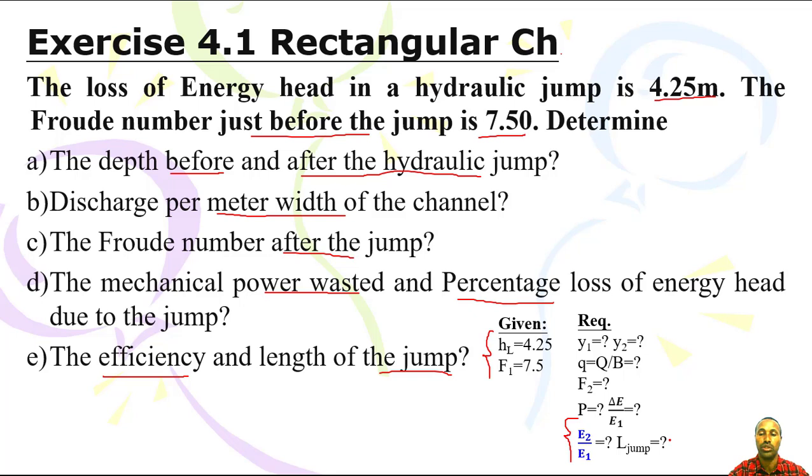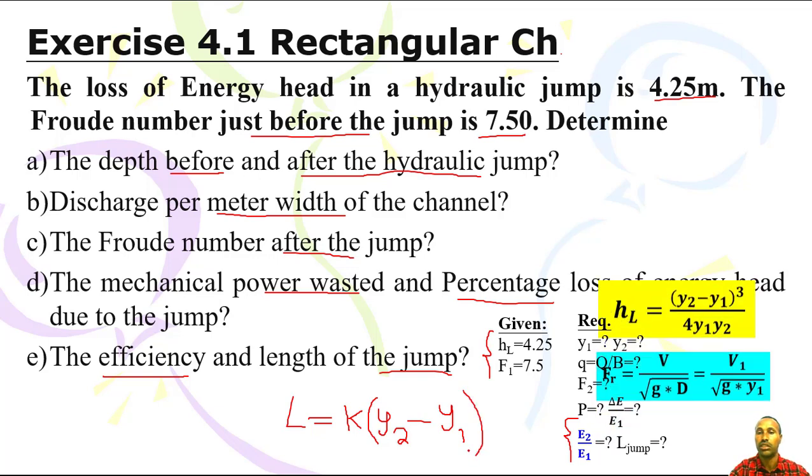Then the length of the jump. You can calculate the length of the jump, L, which is equal to the jump coefficient, according to the nature of the flow, multiplied by y2 minus y1. What will be the length of the jump?